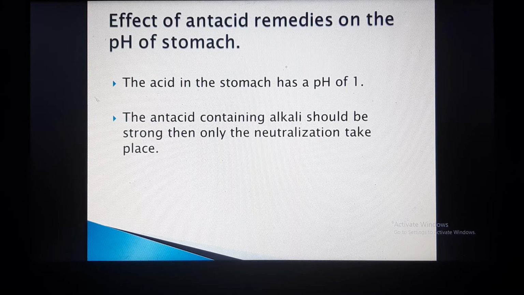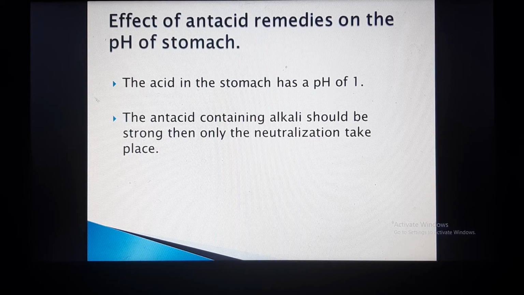But don't think that after using antacids we always get a pH of 7. Sometimes after taking an antacid we still feel a little burning sensation or heartburn, because sometimes it reduces the pH only very near to 7, maybe 6 or 7, and a little acidity remains.